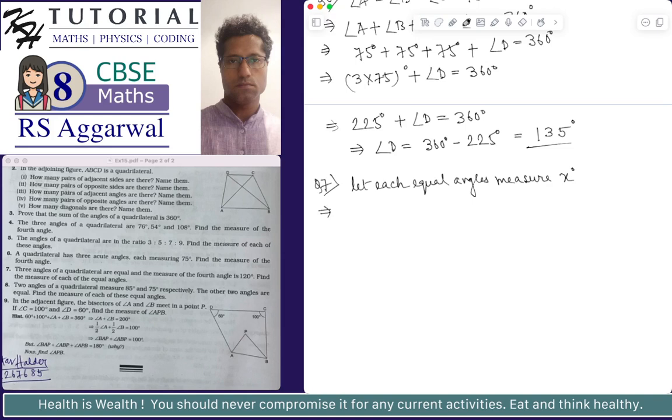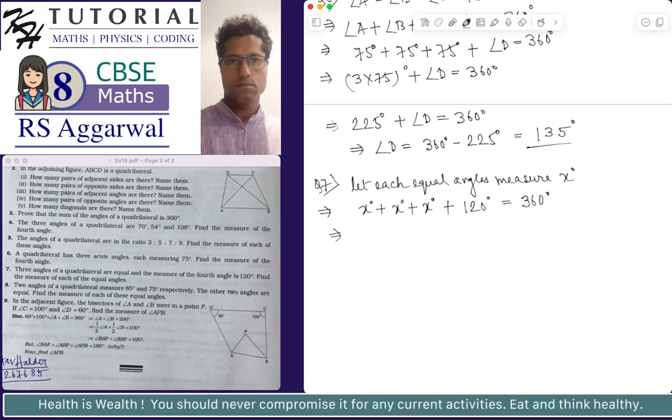Applying the angle sum property of the quadrilateral, we must have x degrees plus x degrees plus x degrees plus the fourth angle, which is given to be 120 degrees, and the sum of the angles of a quadrilateral is equal to 360 degrees. So x plus x plus x plus 120 degrees is equal to 360 degrees.